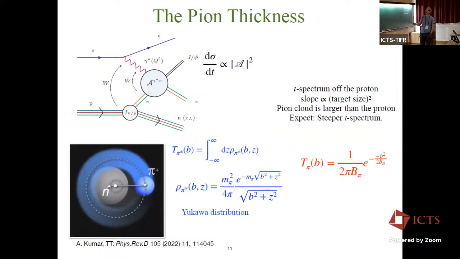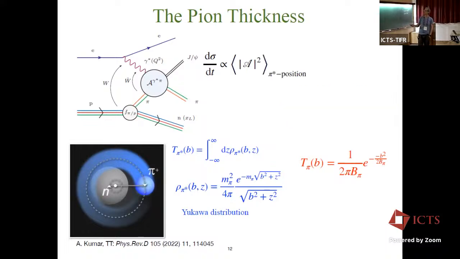Or it could be that we should use the pion thickness function. Also interesting to keep in mind is that the slope of the T-spectrum is proportional to the target size squared. So in this case we would get a larger T slope, and in this case we could get a smaller T slope, because the pion should be smaller than the proton.